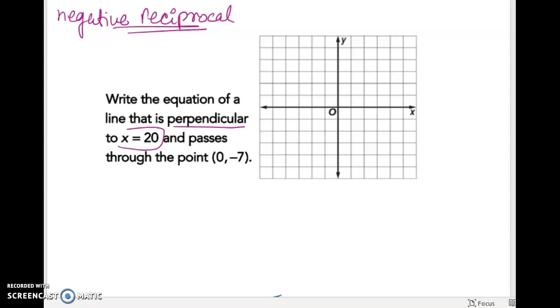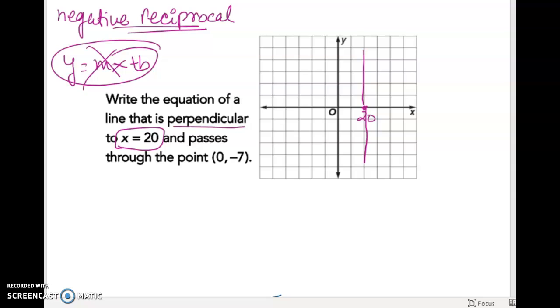Now, equation is x is equal to 20. Have they given us the equation into mx plus b form exactly? No, not at all. So if I try to plot x is equal to 20, let's say 20 is here, it will give me a vertical line.